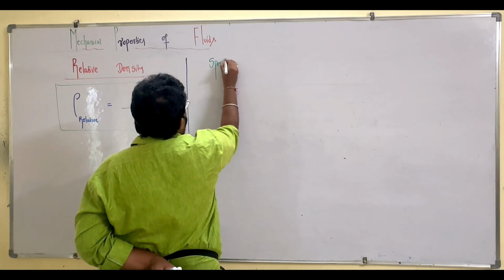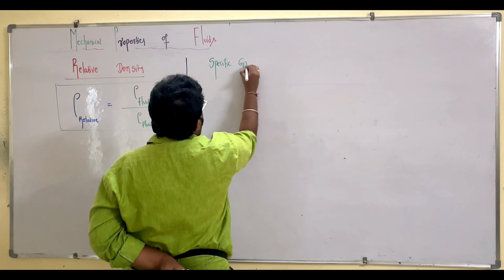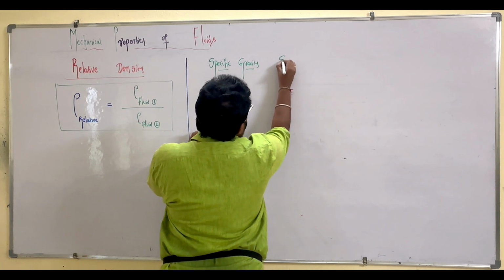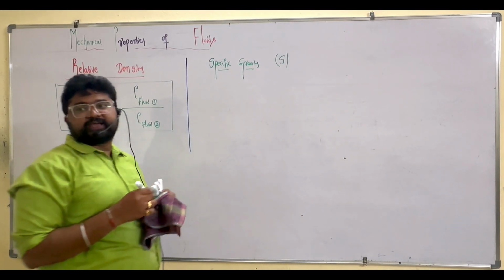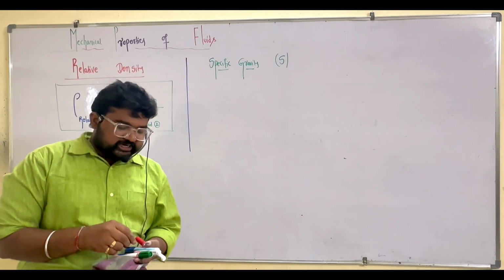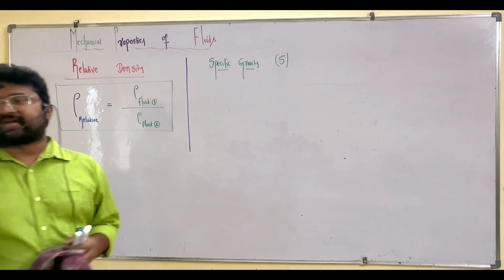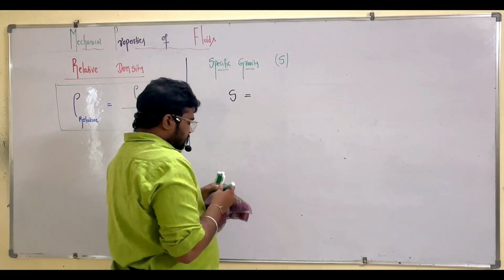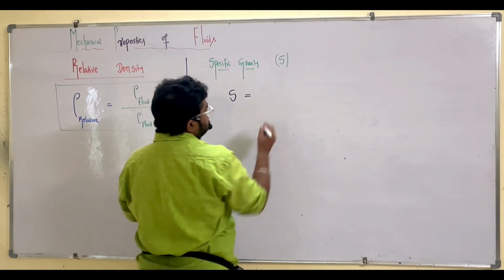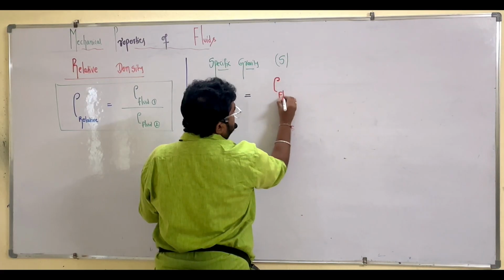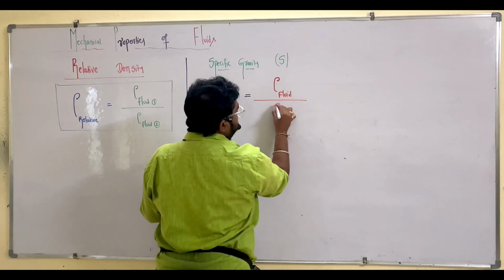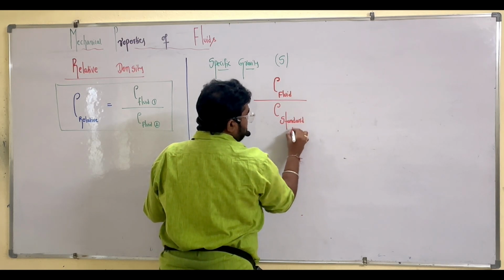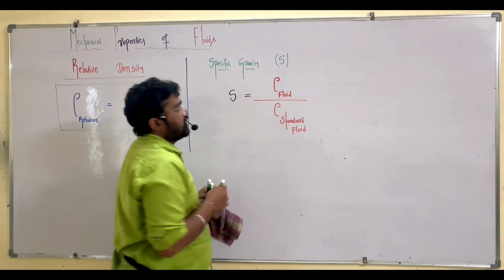Specific gravity equals density of the fluid by density of the standard fluid.